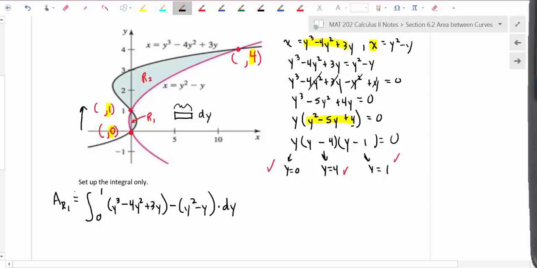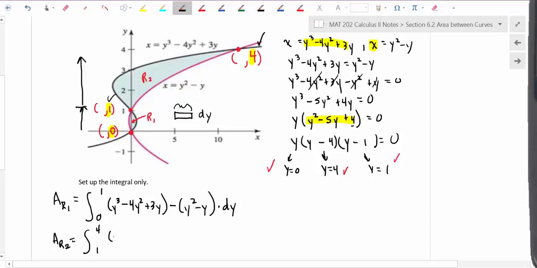Okay, so we're going to work that one out, and then the second integral we're going to work out is region 2. We're going to be integrating from 1 up to the y value of 4. So we integrate from 1 to 4. Now the curves are backwards. The curve on the right is the first one.